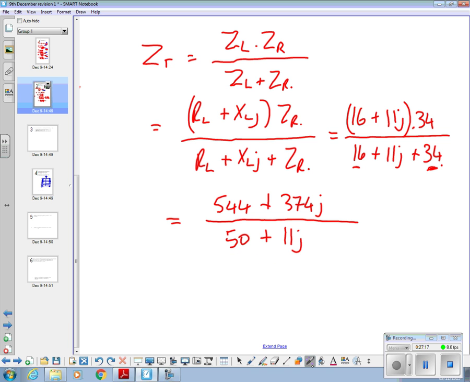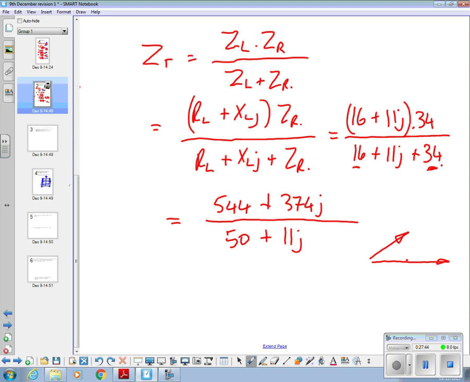If we drew that on a diagram, we're saying we're going to add a vector that is 34 long to one that is 16 along, about halfway, and 11 up.